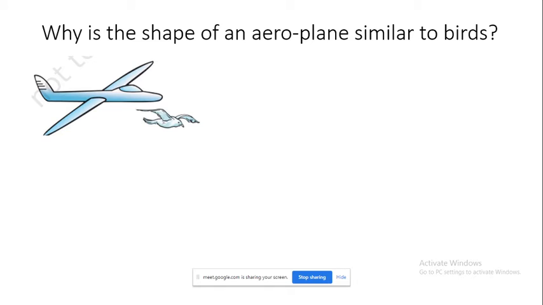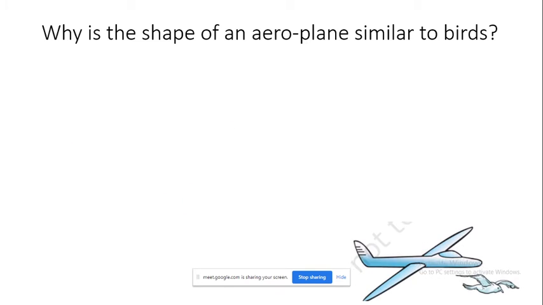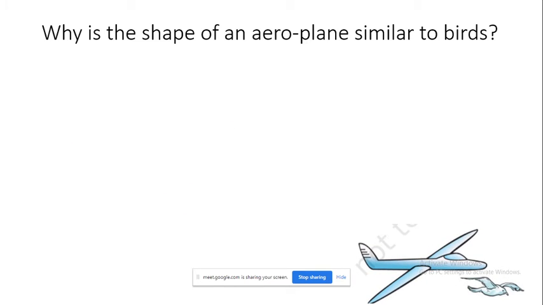Okay, let's look at that. I'll keep that. Are there any other answers? Sushmita, what do you think? Tell me what could be the reason why their shapes are kind of similar.